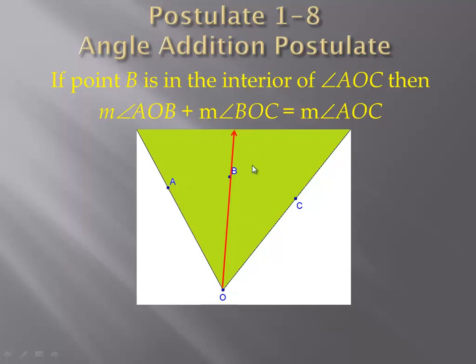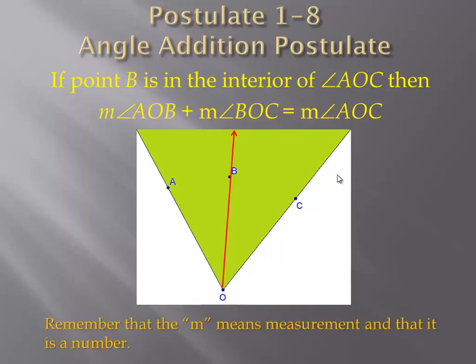Now this means I can add these two angles together to get the original measure of AOC. Now, equal for numbers, congruent for figures. Alright. Remember, m means measurement, and that it is a number.